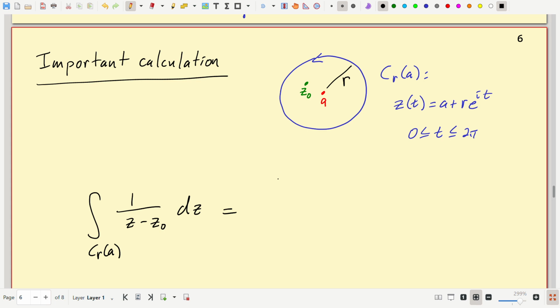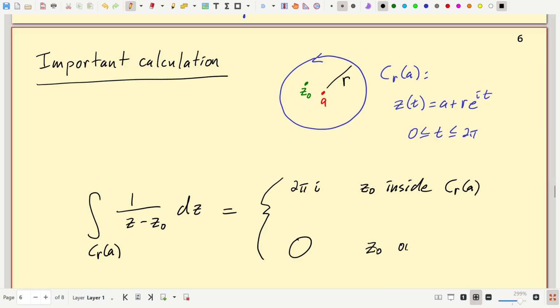That's where the 2 pi i in the Cauchy integral formula is going to come from. It's 2 pi i if z naught is inside that circle, and it's 0 if z naught is outside. Of course, that's the Cauchy theorem.